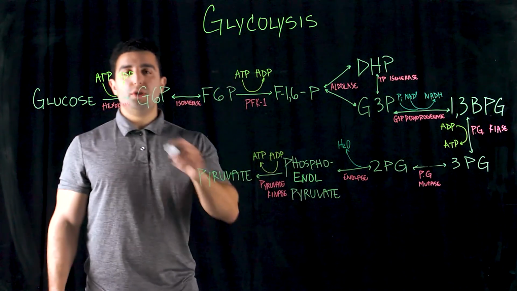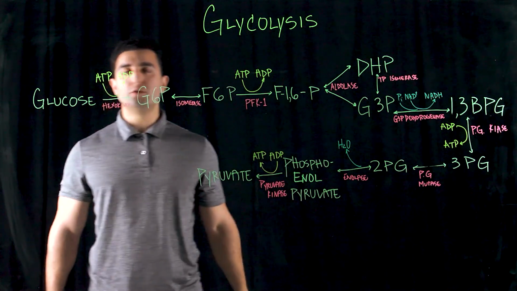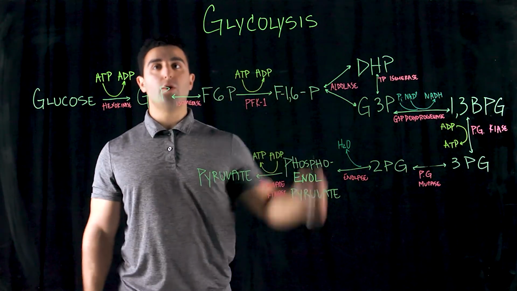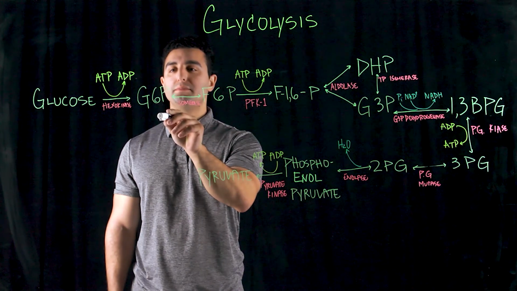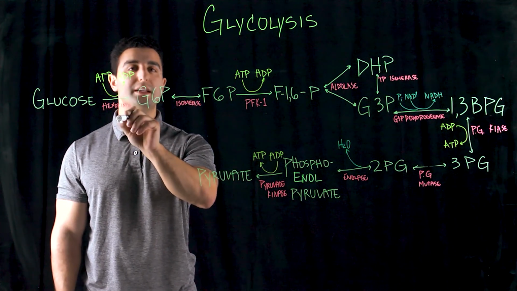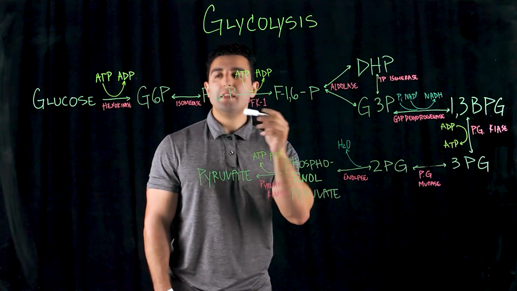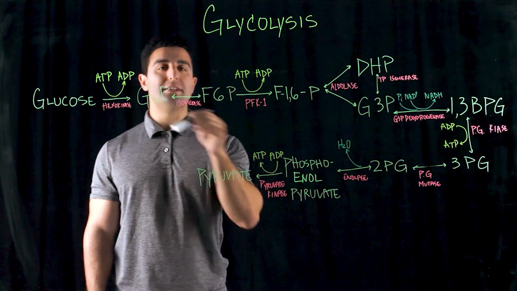So if we go over the actual pathway of glycolysis, it begins with the metabolite glucose, hence the word glyco. Glucose gets phosphorylated into glucose 6-phosphate by an enzyme called hexokinase. Hexokinase is prevalent everywhere. There's another form of kinase called glucokinase, which is prevalent in the liver.